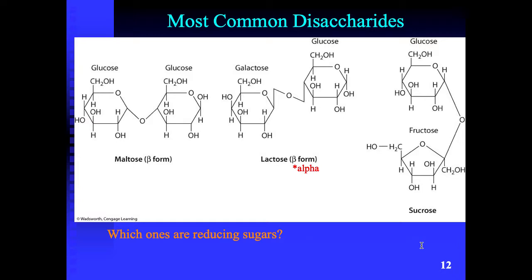The hydroxyl group is up. We know up is beta. If this hydroxyl group was down, it would be alpha. In that case, is it still maltose? Yes.